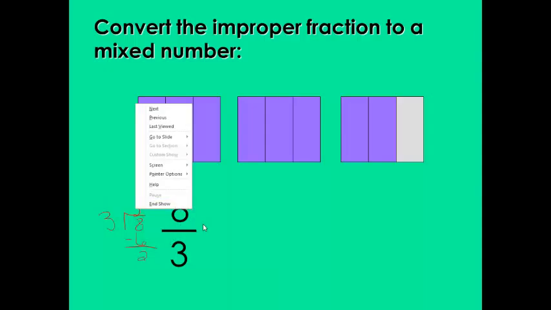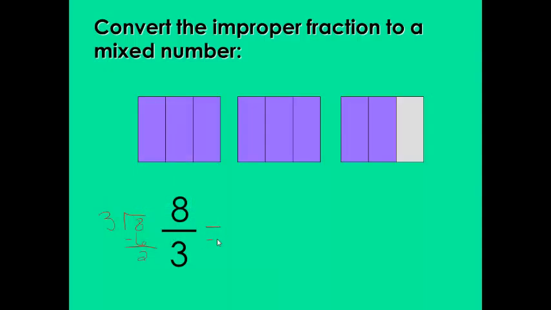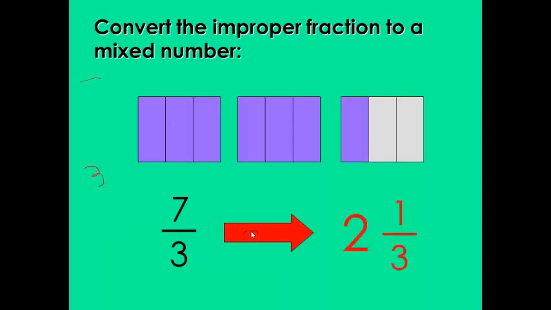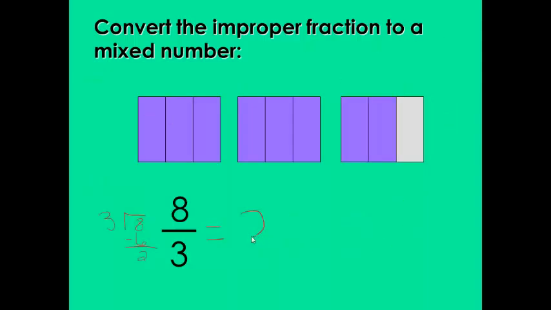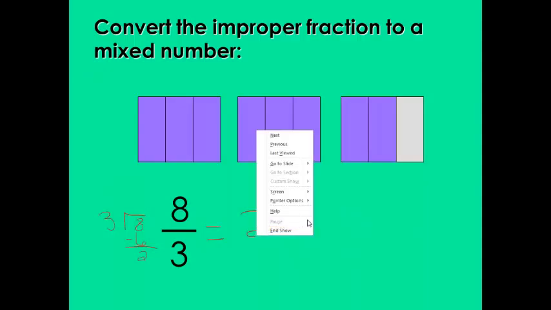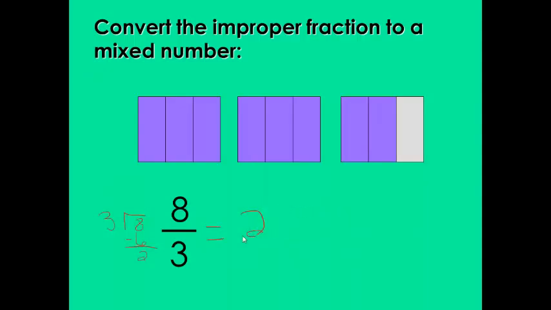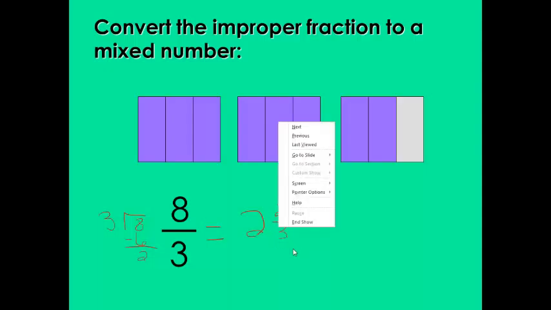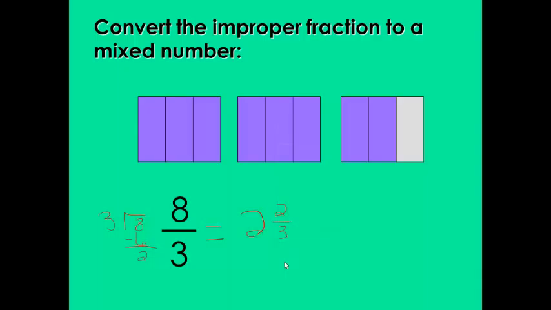So we know the number at the top is 2, so that's our whole number. Our remainder is 2, so that's the numerator, and we rewrite the denominator from the original fraction, which is 3. So our answer should be 2 2/3. And we're right.